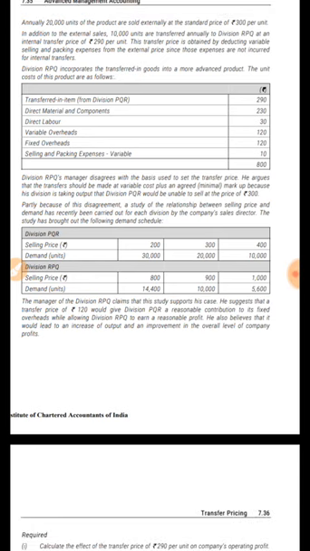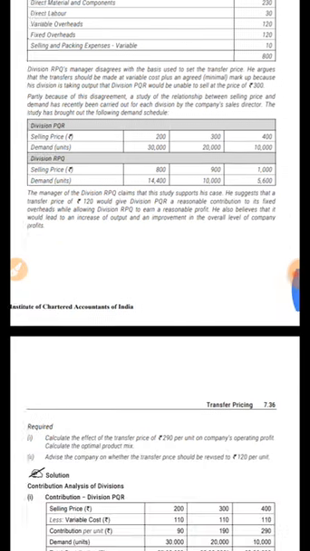So what we have to do, we have to see, if 290 is selected as transfer price, what will be the effect on overall company's profitability, or if 120 as suggested by the manager of division PQR is selected, what will be the overall effect on the profitability of the company.